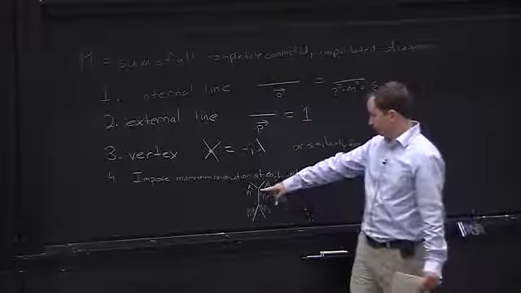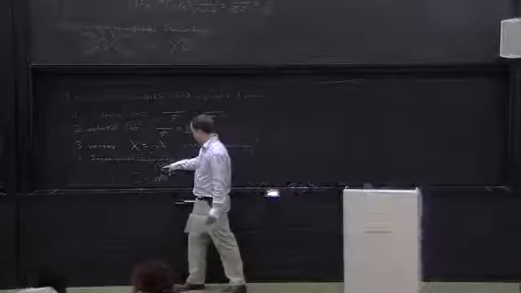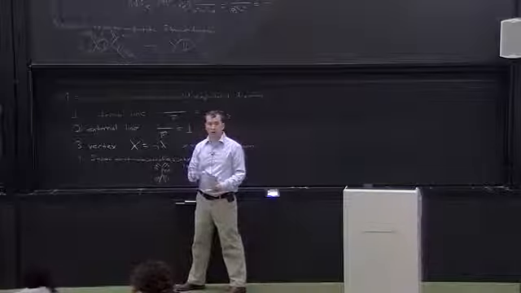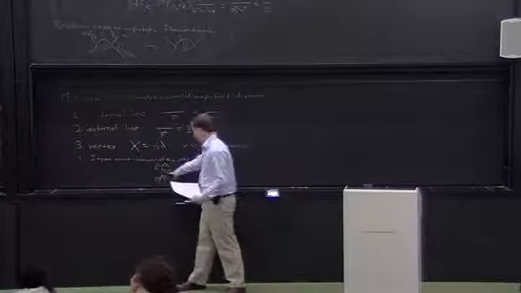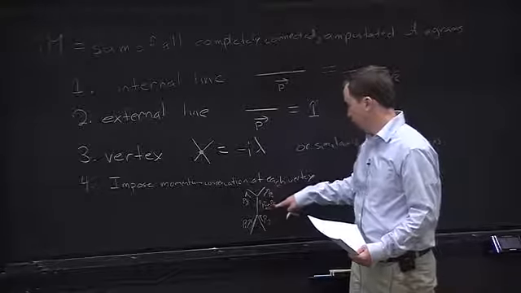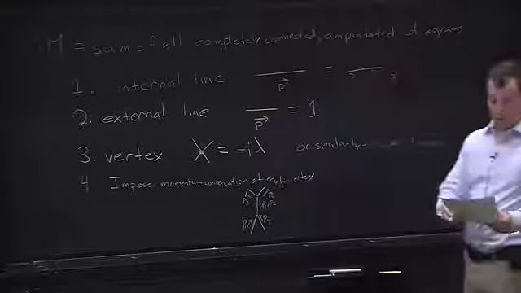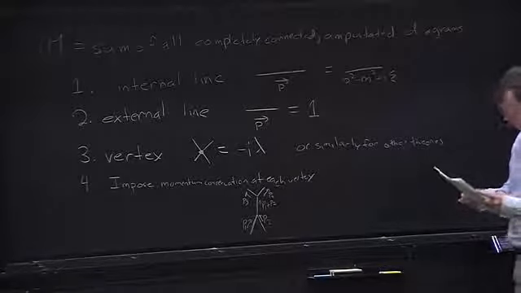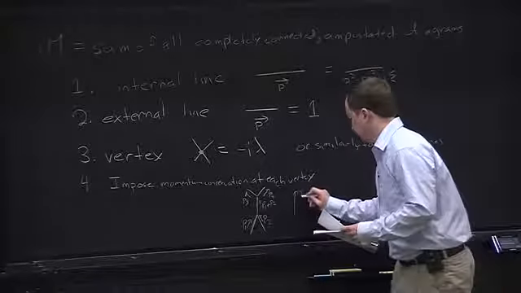And momentum is automatically conserved at the other vertex because, by total four-momentum conservation, P1 plus P2 is equal to P3 plus P4. We've got P1 plus P2 flowing in, P3 plus P4 flowing out. Time is going this way.